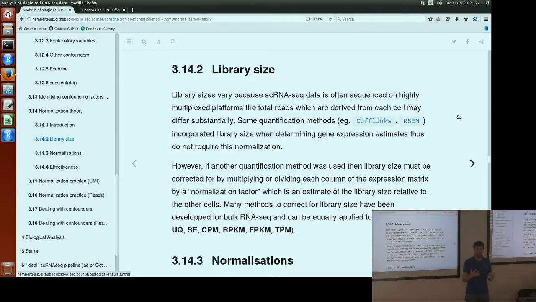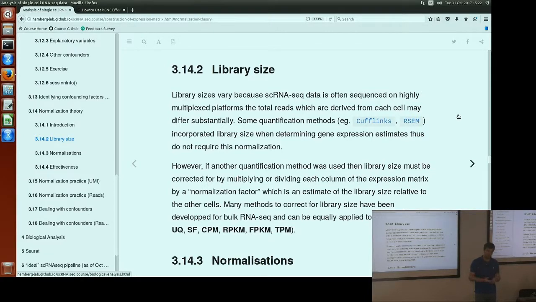And that's even without the fact of very different qualities between the cells. Even if all the cells were starting with the same amount of RNA that we're able to extract, even so, throughout the library prep and sequencing process, we're going to end up with substantially different library sizes from the individual cells.